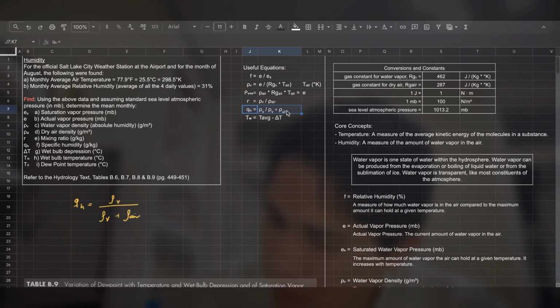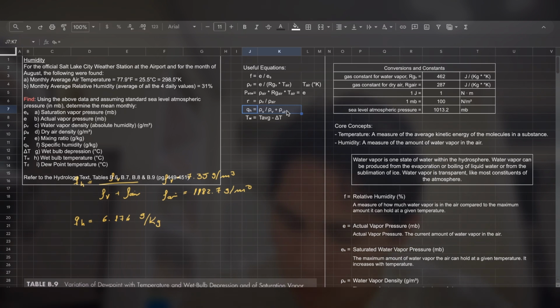And we have that this value, we solved for that, 7.35 grams per cubic meter, and the air is 1182.7 grams per cubic meter. Solving for that, we're going to get about 6.176 grams per kilogram when we do the respective conversions. And this should be the answer for that part.